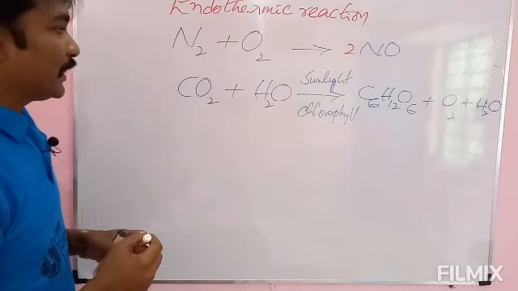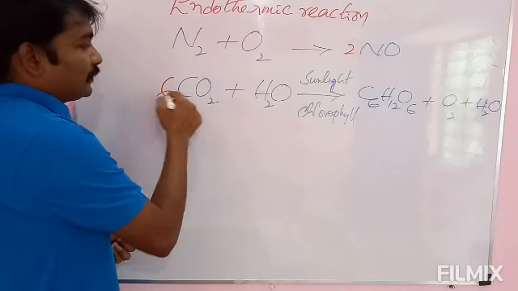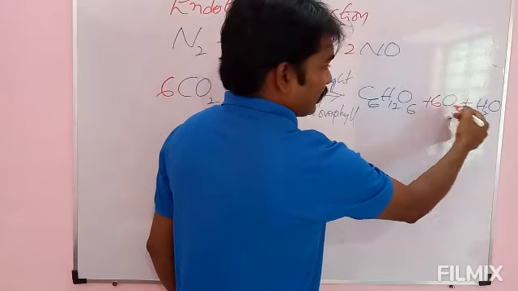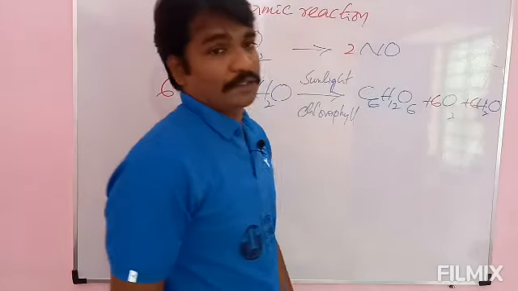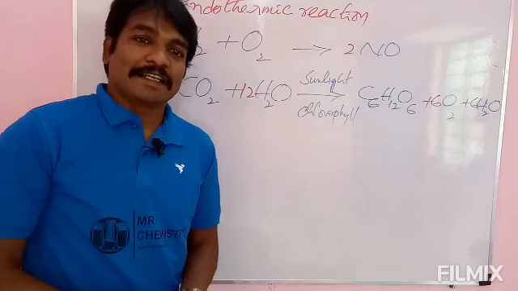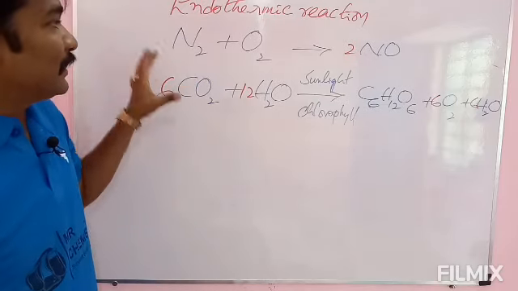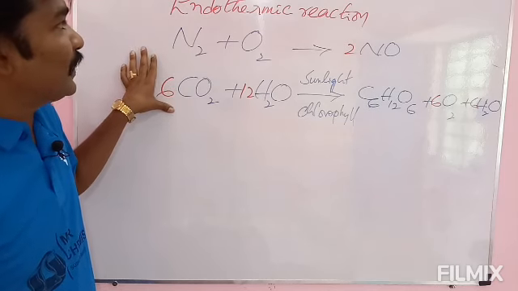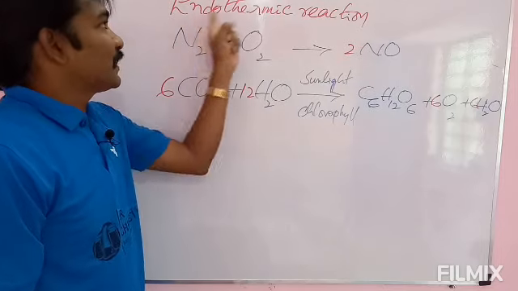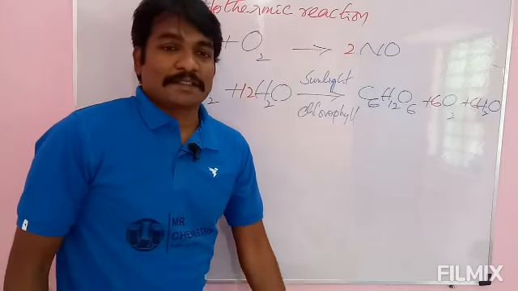See here, check the balancing: 6 CO2 plus 12 H2O gives C6H12O6 plus 6 O2 plus 6 H2O. We already balanced this one in our previous class, that's why I directly wrote the numbers here. And see here, these are chemical reactions in which heat is absorbed. That's why these are called endothermic reactions.